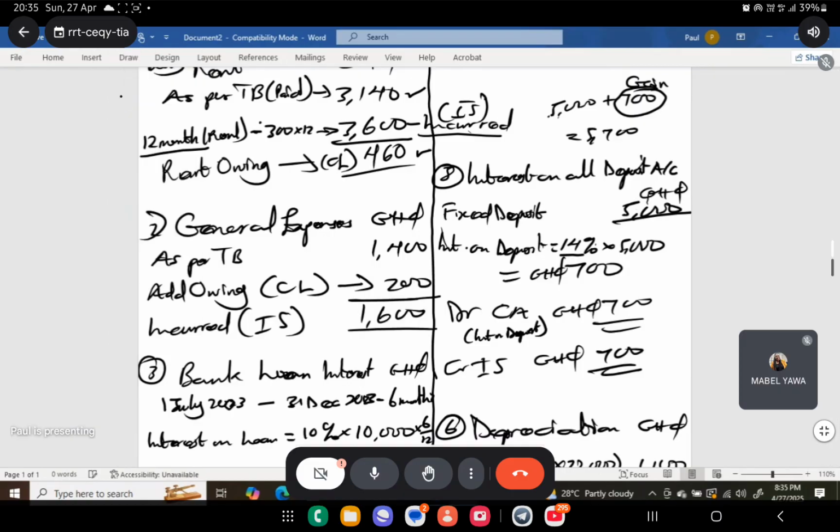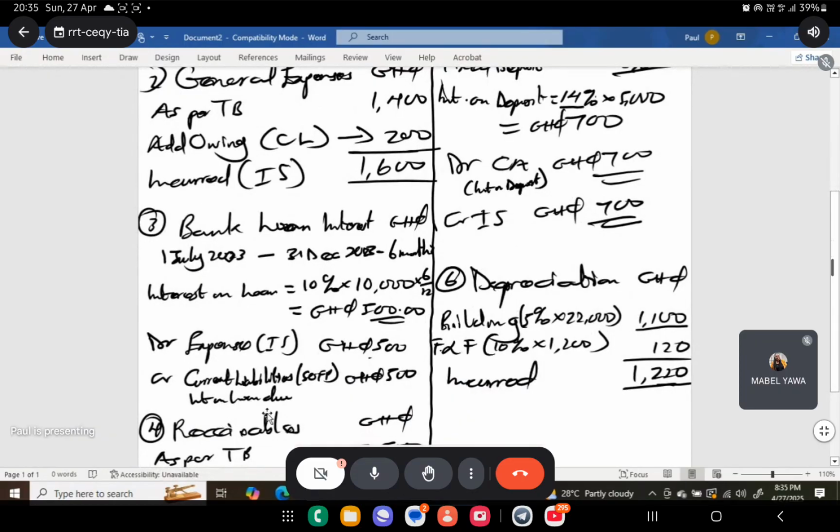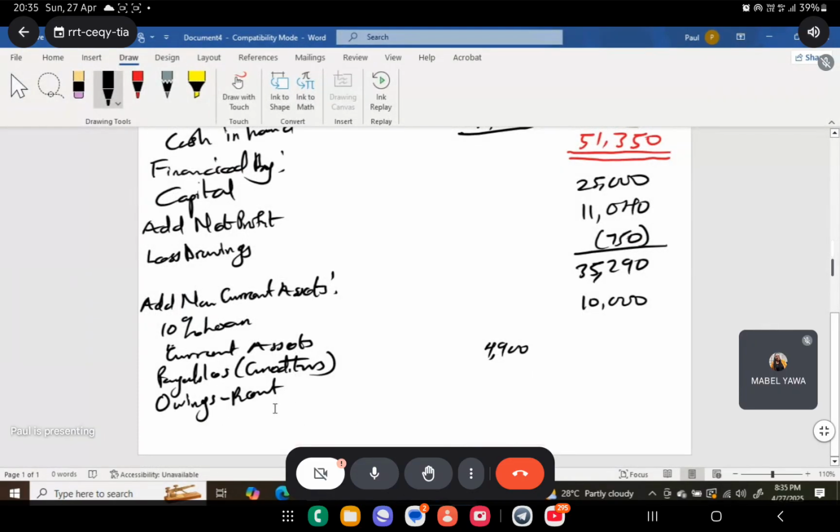Yeah. So there was rent owing of 460, and general expenses owing of 200, and also interest on loan owing. See, I told you the interest on loan, it is due, it is owing. So all those things we add them.